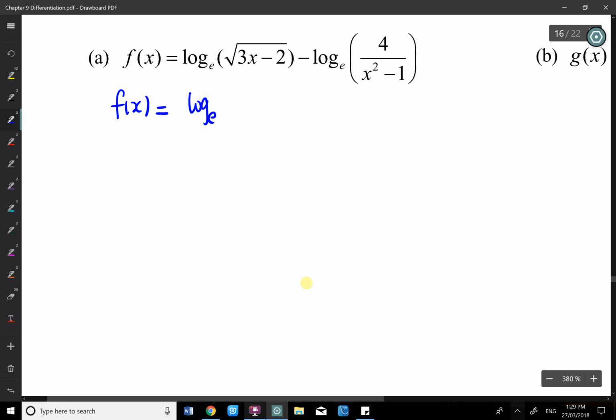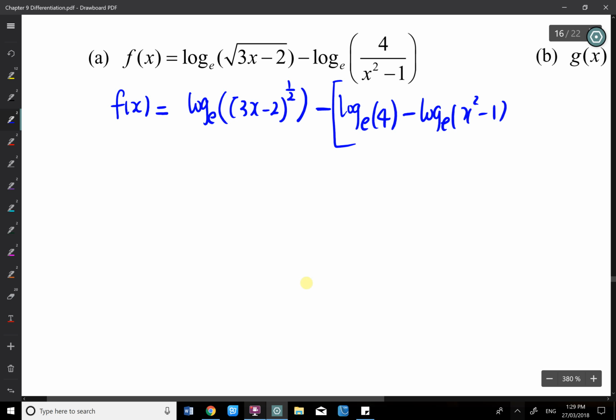I can write this as log e of 3x minus 2 to the power of a half, and minus, log e m over n, I can write log e 4 minus log e x squared minus 1, but there is a whole expression, so I need to bracket that.